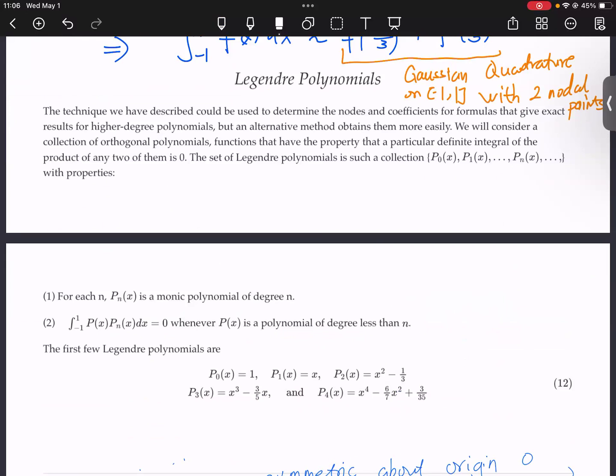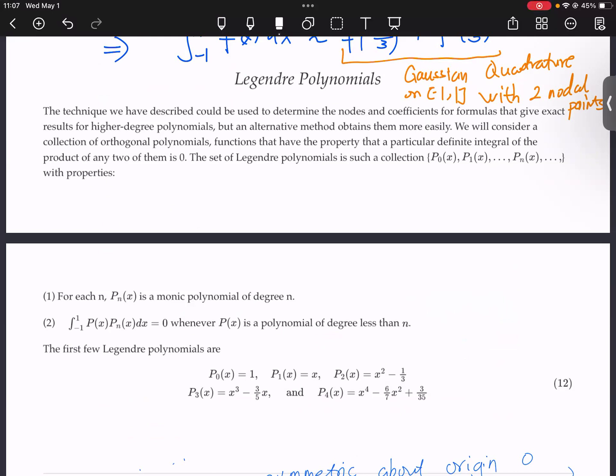First, what are the Legendre polynomials? I believe you have already learned this in 104A. Let's say we have a bunch of basis functions, and the basis we usually use is 1, x, x squared, x cubed, which are the basis functions for the polynomials.